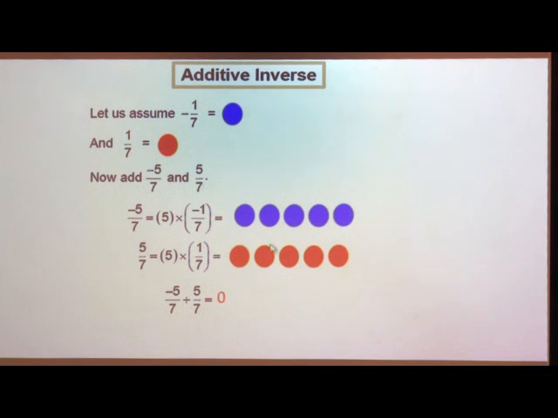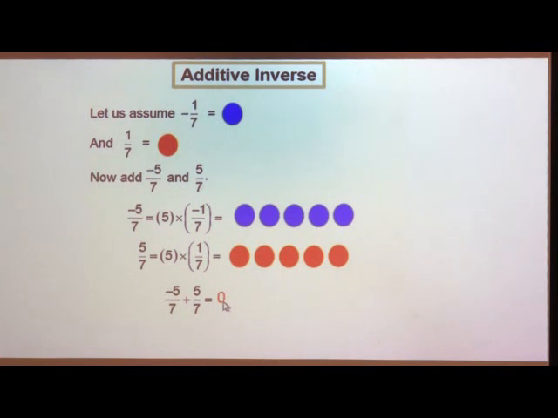Now, when we add this blue circle and red circle, that is nothing but minus 5 upon 7 plus 5 upon 7 is equal to 0. These get cancelled, because it is minus 1 upon 7. What is the answer? It is 0.